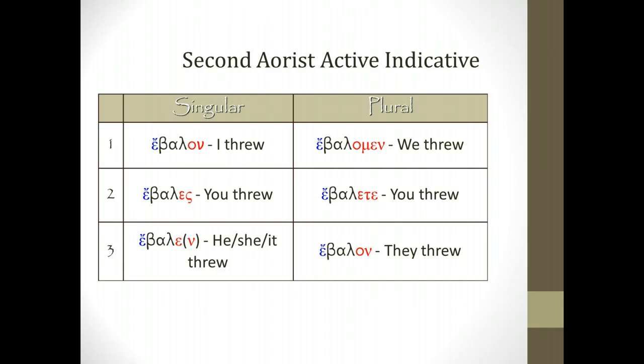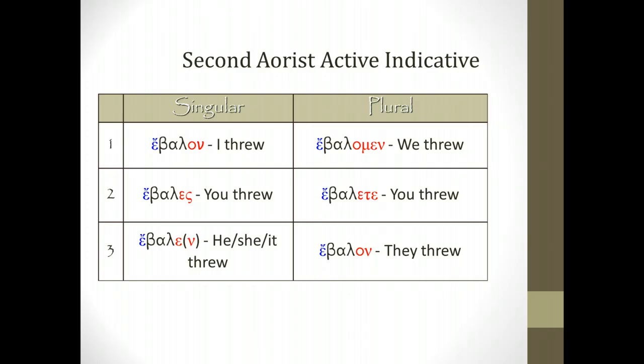Again, notice here that all of these have the augment, which is your first clue that you are not dealing with the present tense. Notice the internal change of bal. Because there is only one lambda instead of two, you know that you're dealing with the second aorist instead of the imperfect. And there are the imperfect endings, which in this case double up in our second aorist.